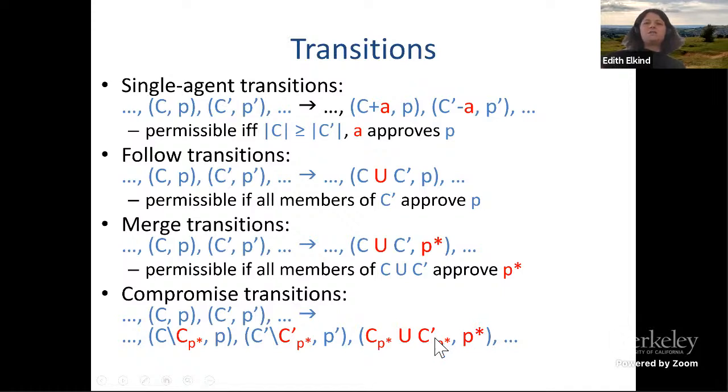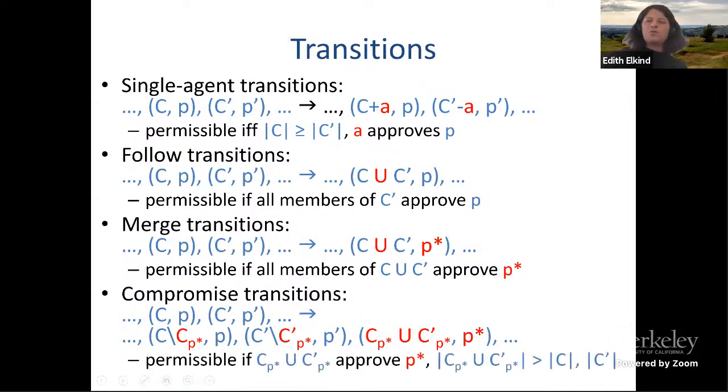So the agents from both coalitions who support P star are going to move to P star, and they may leave some agents behind in the old coalitions who would still support P and who would still support P prime. And for this move to happen, the agents who move have to support this new proposal P star, and also the coalition that they form should be bigger than any of the original coalitions.